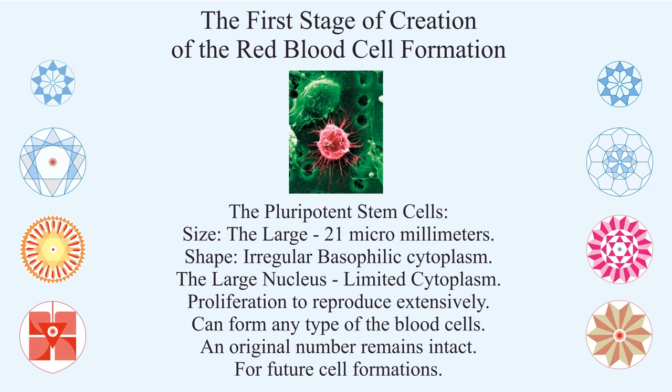Large nucleus, limited cytoplasm, proliferation to reproduce extensively, can form any type of blood cells, and the original number remains intact for future cell formation in the bone marrow. If this is understood clearly, I think you will have no problem understanding how the development is taking place within the body in the formation of red blood cells.